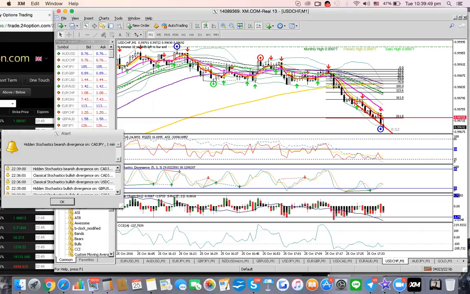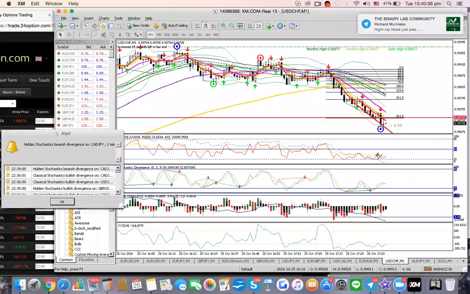Right now it's steep, steep. When it reduces its degree of the angle, then you'll have a higher chance of winning. That means it's running out of steam. So right now, the things I'm looking at precisely would be this, divergence, this one's really marked out.